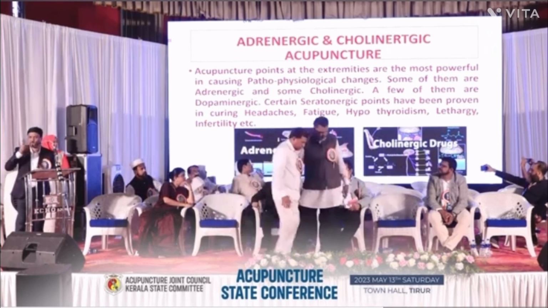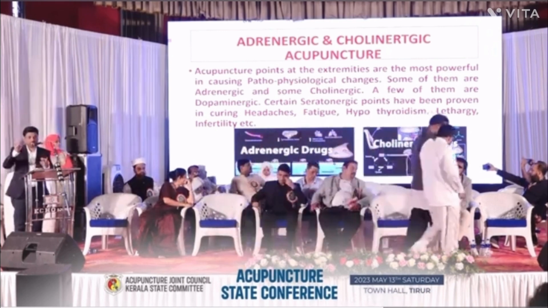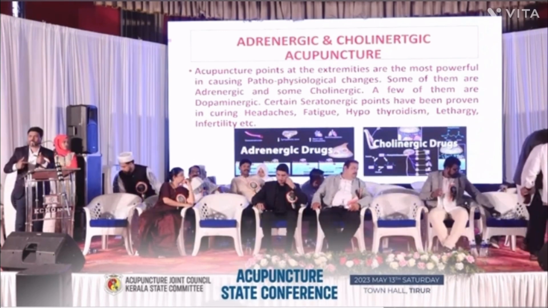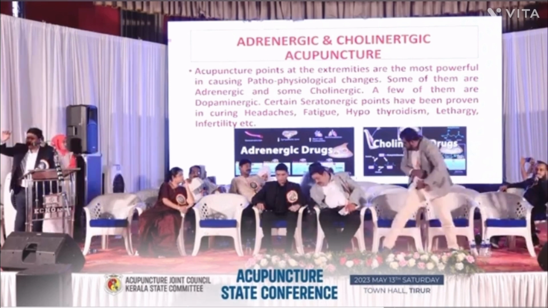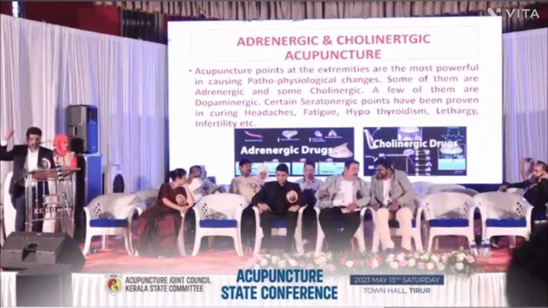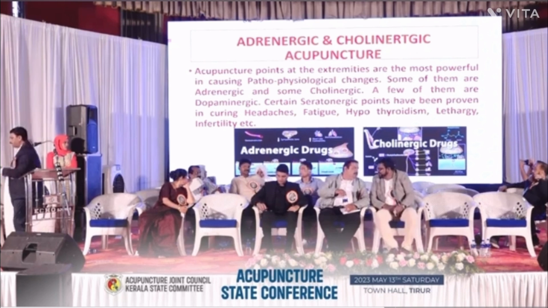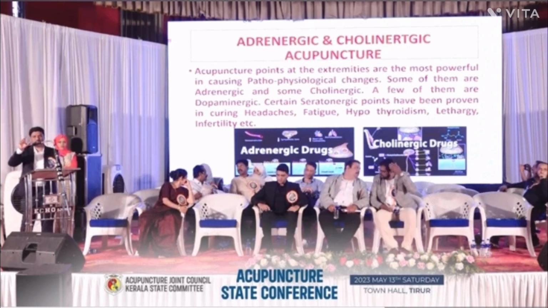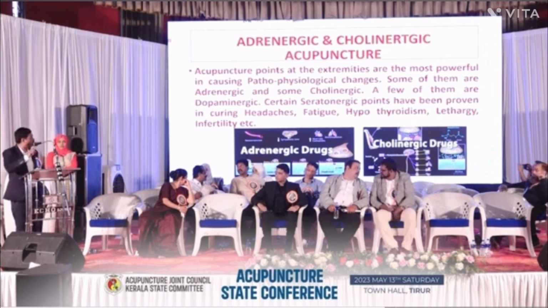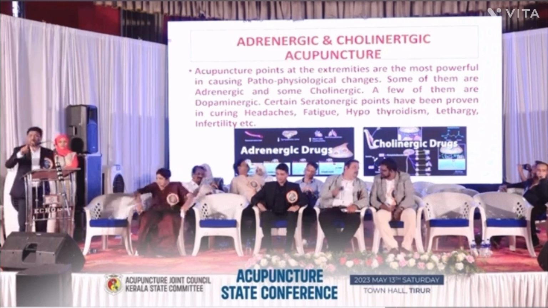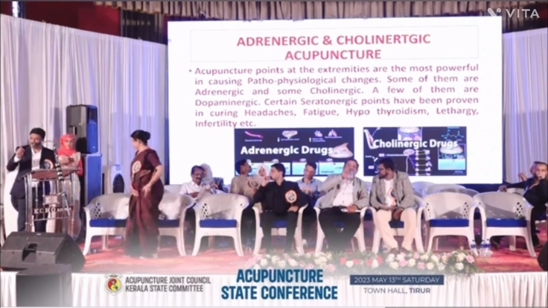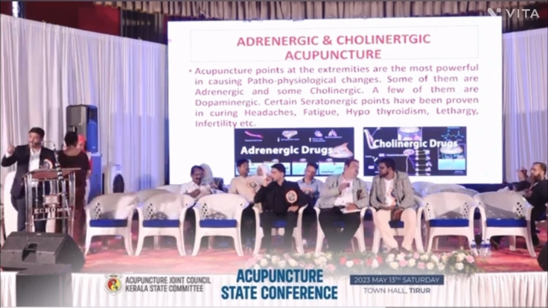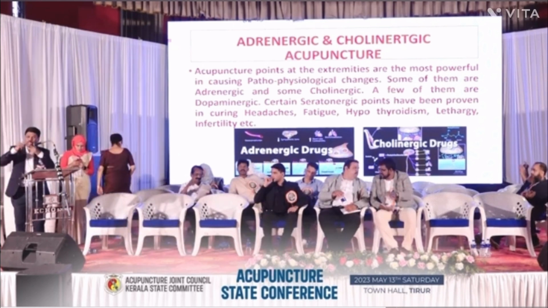When we apply some of the points, you understand the sympathetic and parasympathetic, as I told you, the sacrocranial outflow: the cranial problem and the sacral problem together are treatable. That is known as the cholinergic drugs. Just as cholinergic drugs work, acupuncture also works in a similar way.